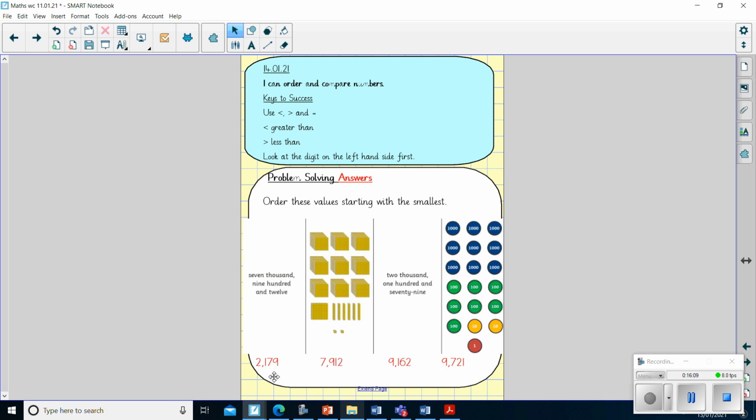So I started with 2,179, that was the smallest. 7,912 I thought was the next one. 9,162 I think is the next number, so we've got 9 thousands here, 100, 6 tens and 2 ones, and then I thought this was the greatest number with 9,721. Okay, well done if you got that correct.